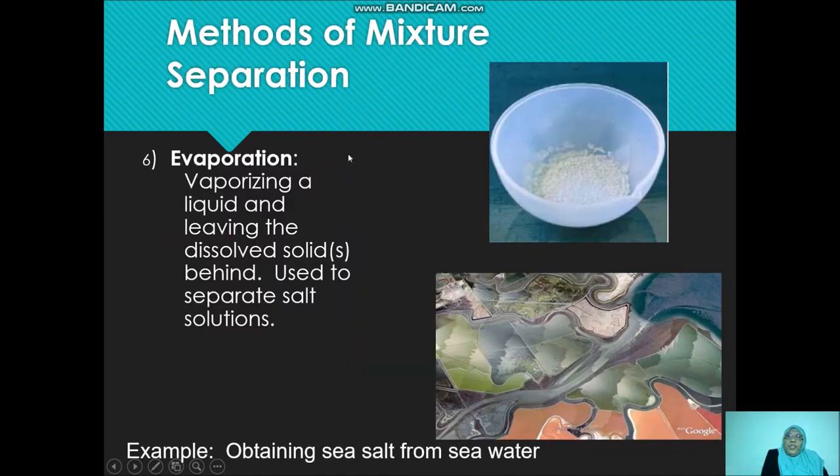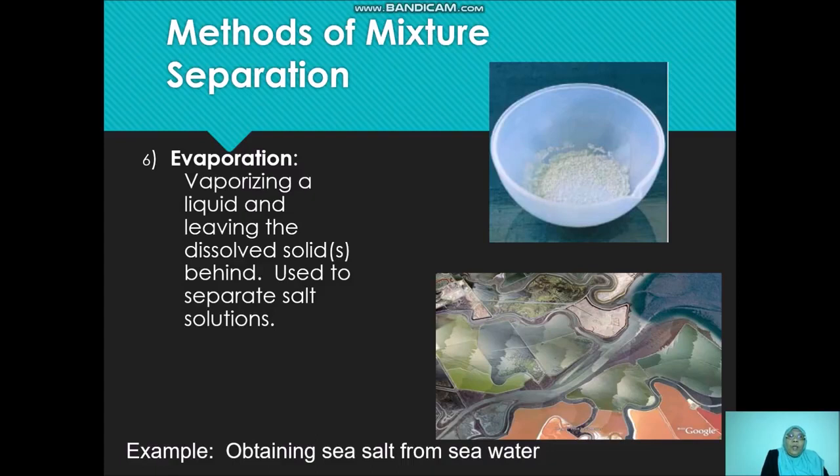Now, evaporation. What is evaporation? Evaporation is vaporizing a liquid and leaving the dissolved solid behind, used to separate a salt solution. Here you have the figures of the salt. How to get it? The first is you have seawater. Seawater means a mixture of water and salt.